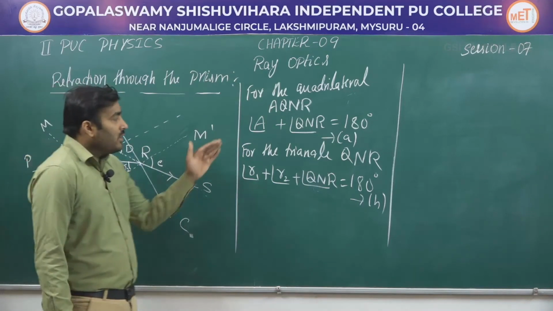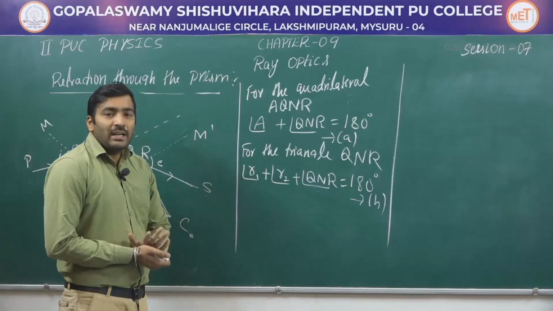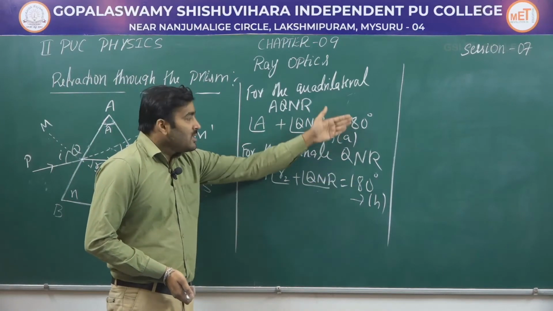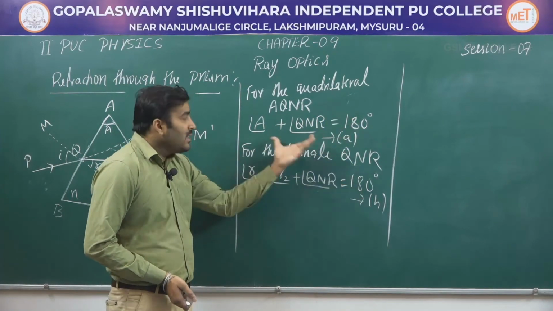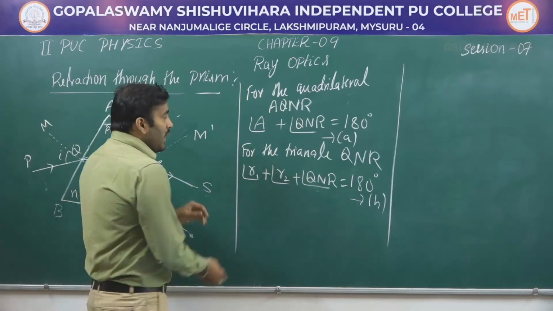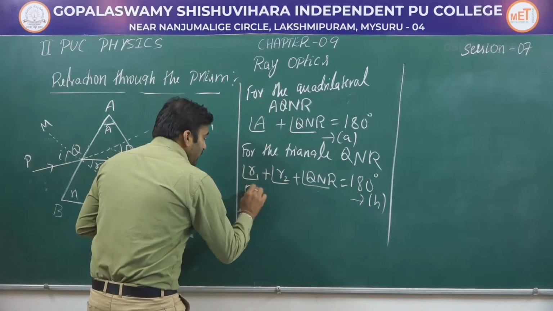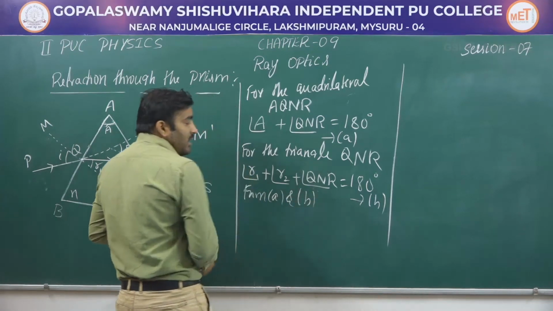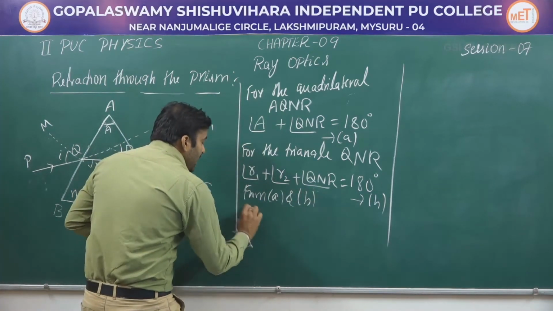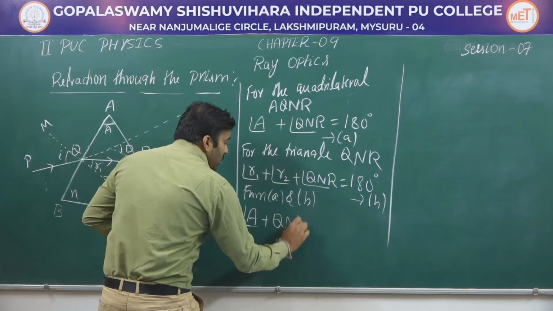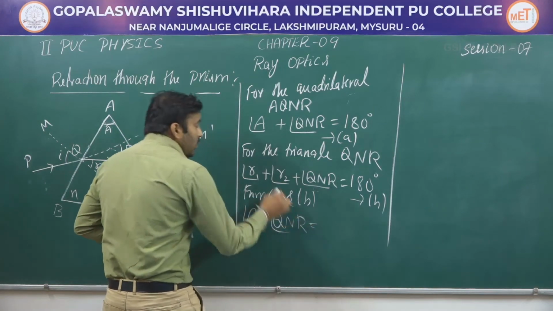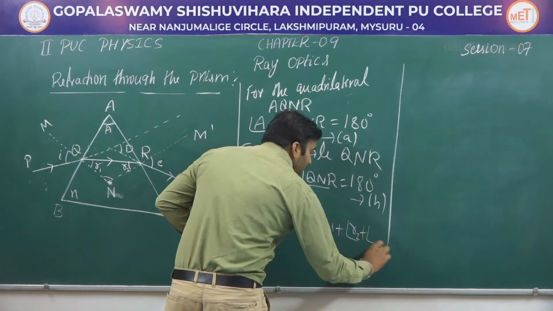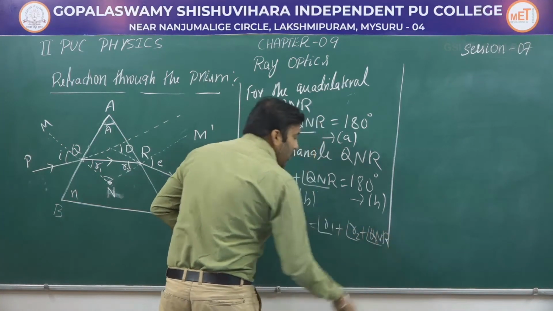Now, if you look at equations A and B, we can clearly see the RHS are the same, correct? Since the RHS are the same, we can equate the LHS. Therefore, angle A plus angle QNR is equal to angle R1 plus angle R2 plus angle QNR.